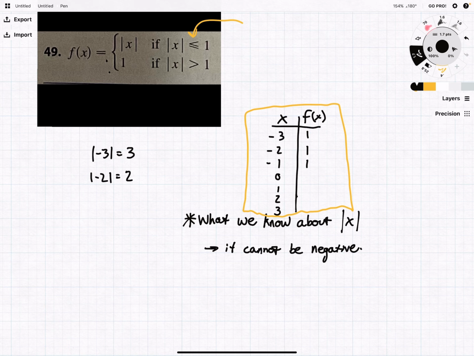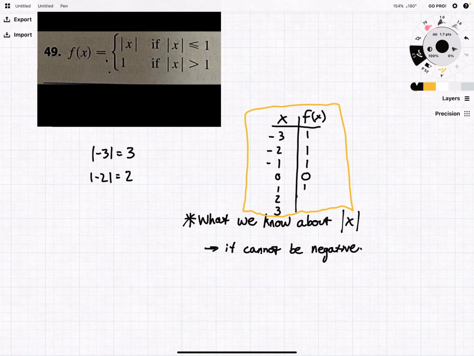0, well, that's just 0, and it's not greater than 1, so that's going to be 0. What happens if we plug in 1? That's going to be 1, because the absolute value of 1 is equal to 1, so it's 1s all over the place.